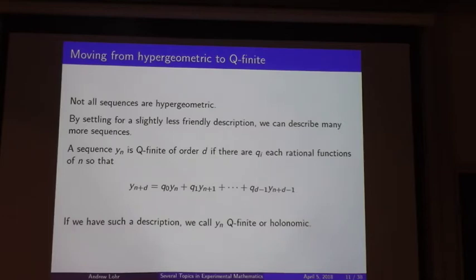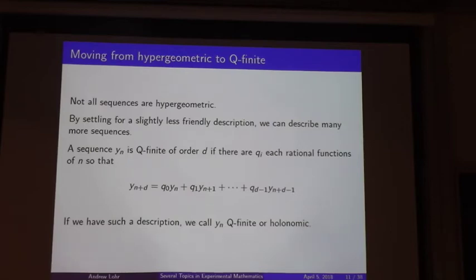Okay, so just like how in Sister Celine, in order to allow a less friendly thing to come in, they had to allow a less friendly thing coming out. For this, we're going to say that we've solved the summation not only if we can get a hypergeometric thing. We might get something more complicated, like one of these finite recurrences, where we have a bunch of rational functions times some finite window of previous terms.